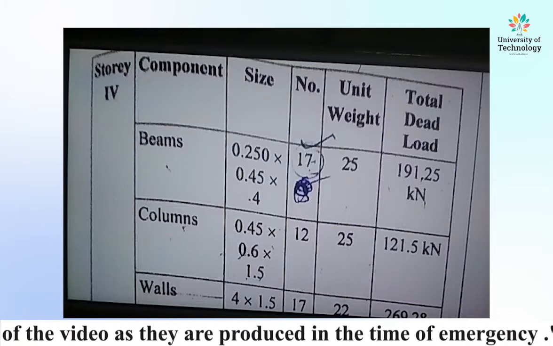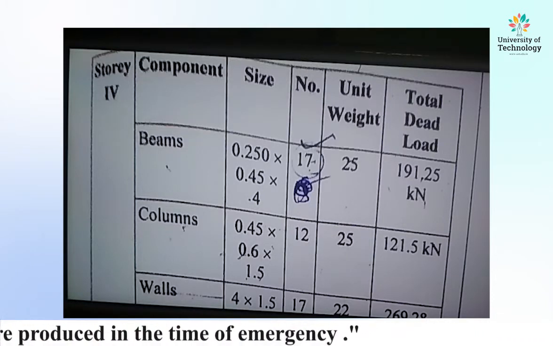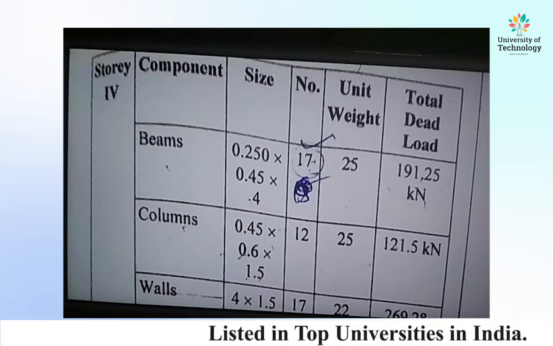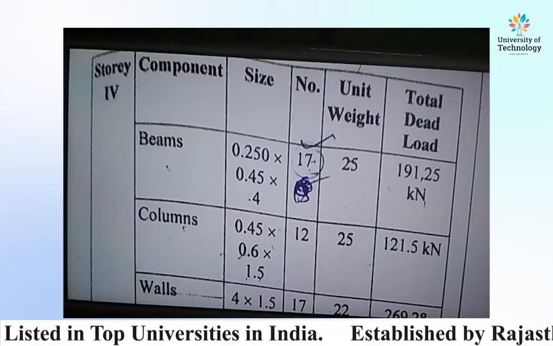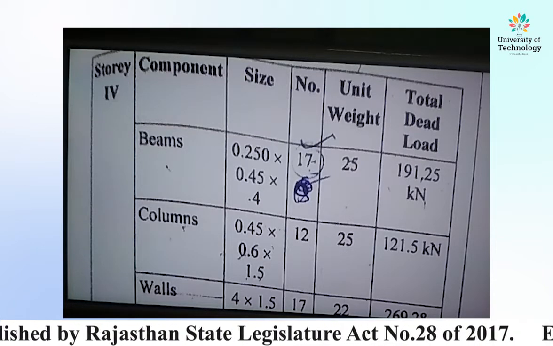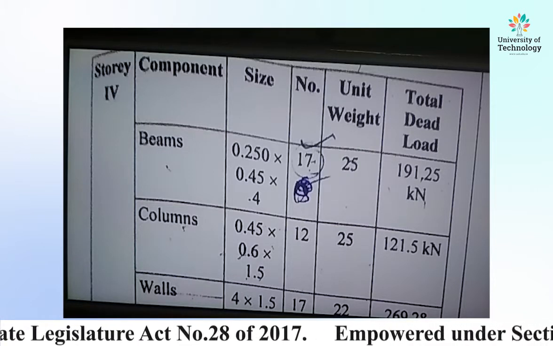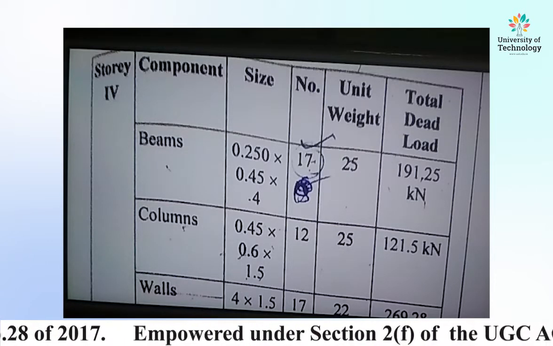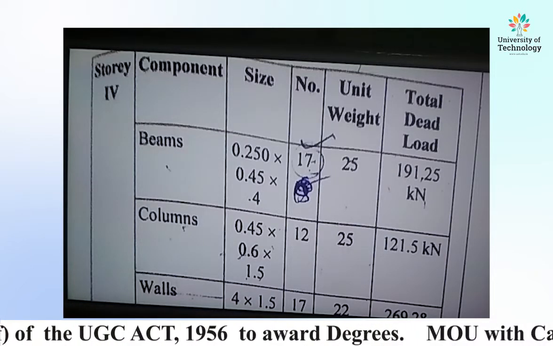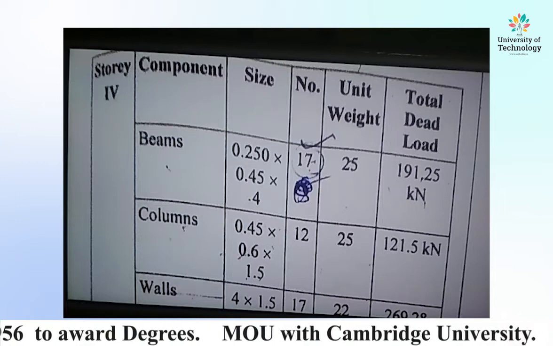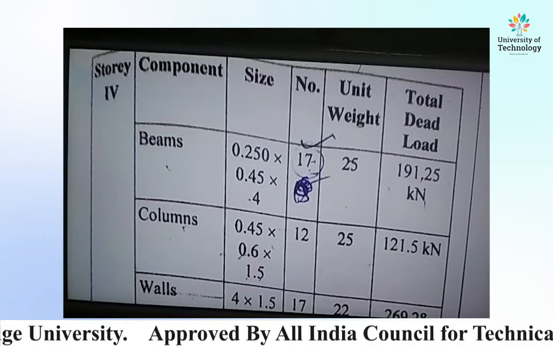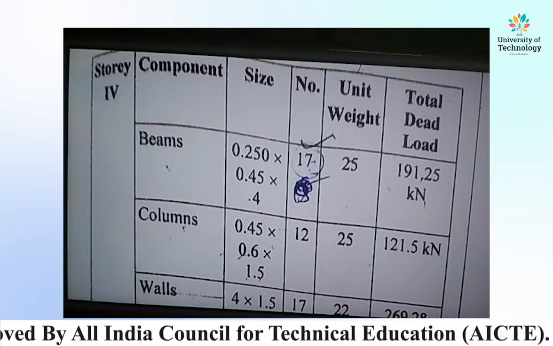For the fourth story, beams, columns and walls are given. The size is 0.250 by 0.45 as given in the question, multiplied by the length 4. The number of beams in this fourth story is 17, and the number of columns is 12. The unit weight of RCC for beams and columns is 25 kilonewton per meter cube.